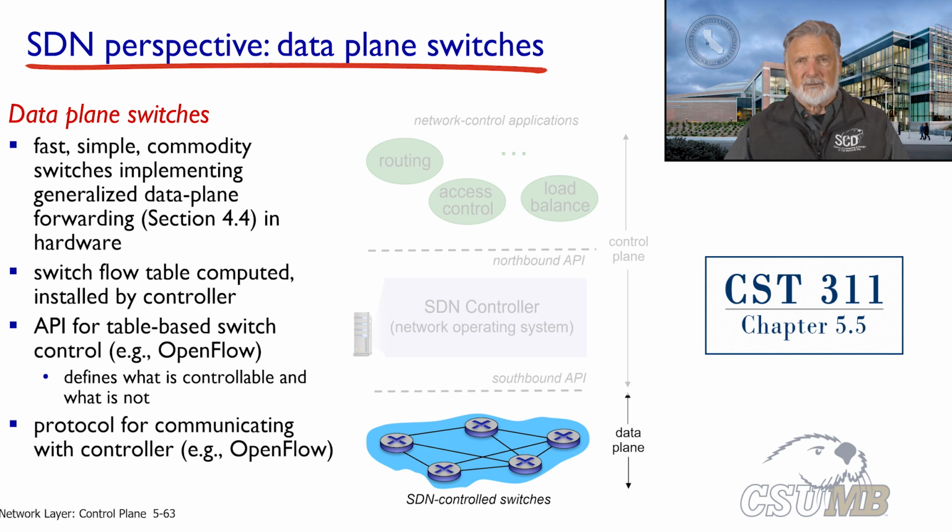They are commodities, saving on acquisition and maintenance costs. They are essentially hardware devices built around a fast switch fabric and memory for the switch flow table. The switch operating systems are much smaller. The key software components are an agent and an API for the switch to communicate with the centralized controller.